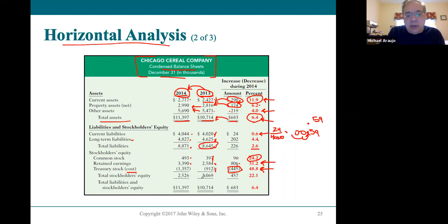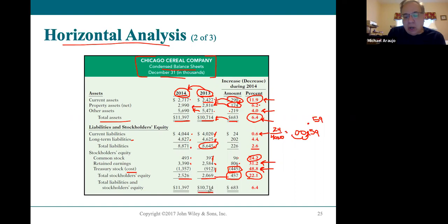So when you look at total stockholders' equity, it went from 2069 to 2526. That difference of 457 divided by the base of 2069 meant that stockholders' equity increased in total 22%, 22.1%. Big increase for stockholders' equity there for this company.